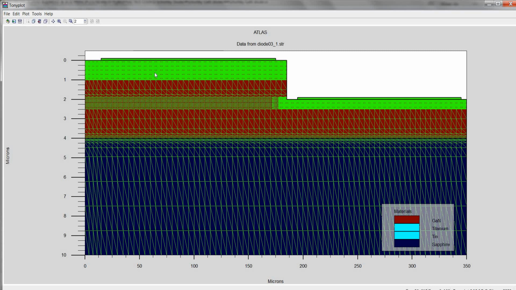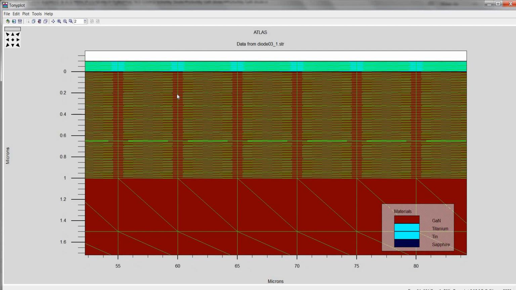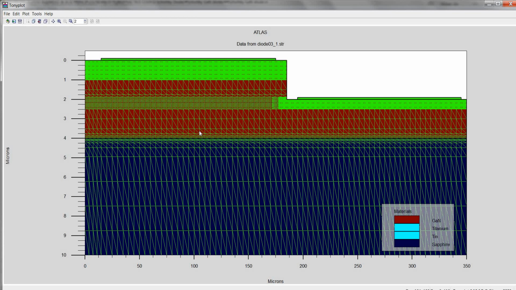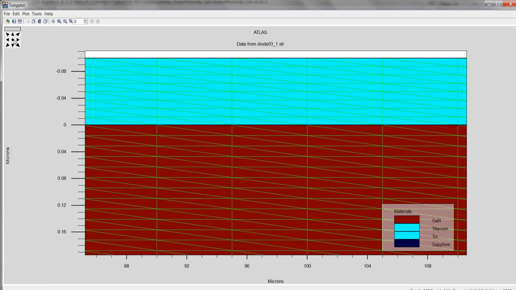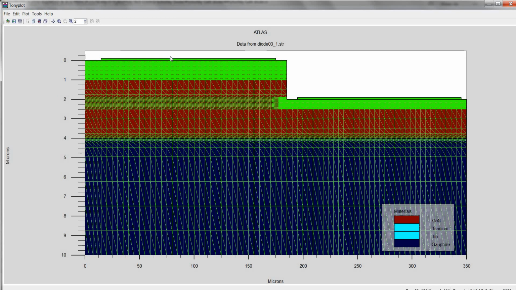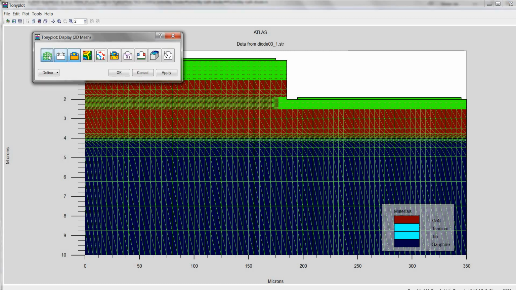Generally for devices we define denser meshing for crucial regions and less dense meshing for regions which are of less interest to us. In this structure I would like to define this contact as Schottky contact, and that's why I will define denser meshing over here. Let me remove the meshing from it now.